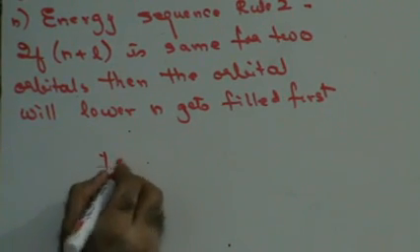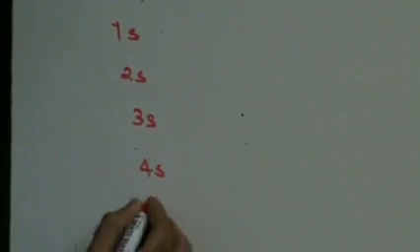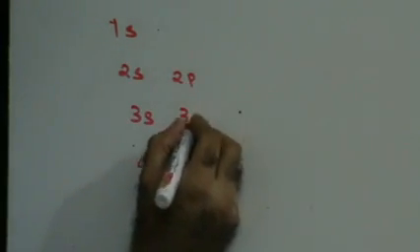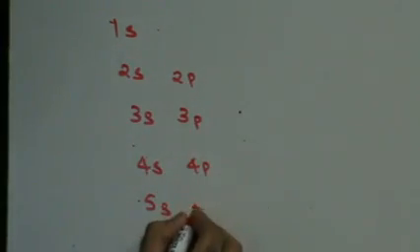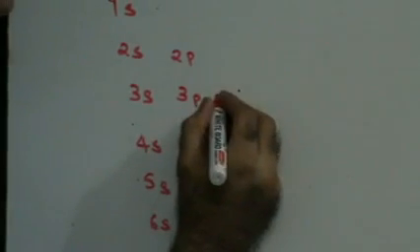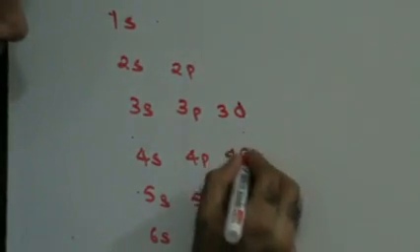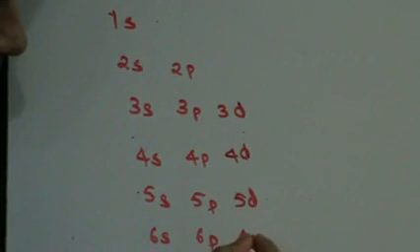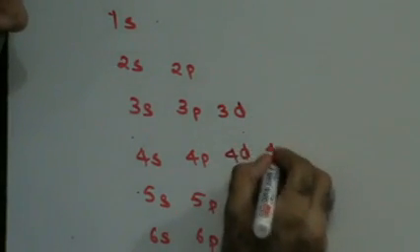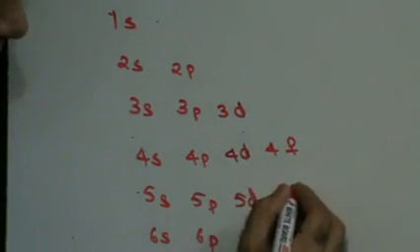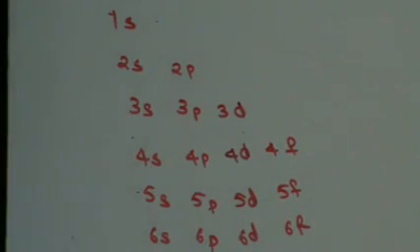See, this is 1s, 2s, 3s, 4s, 5s, 6s, 2p, 3p, 4p, 5p, 6p, right? Then you have 3d, 4d, 5d, 6d, 4f, 5f, 6f, right?